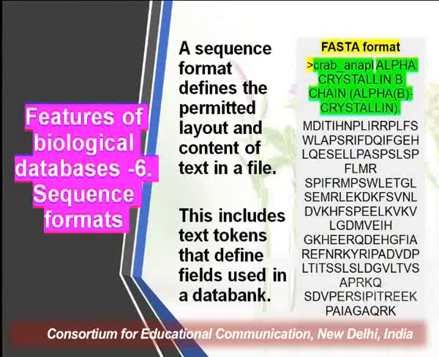And this is a crab crystallin protein, alpha chain, and after that is followed the sequence, the amino acid sequence, and you have the same format whatever sequence you have. It may be a very big sequence, or it may be a small sequence. So, in these databases, the sequence formats are quite important, and the system will not work if we don't follow the proper sequence formats.